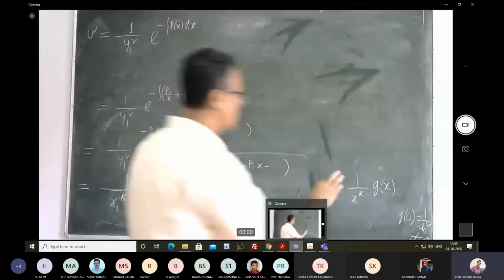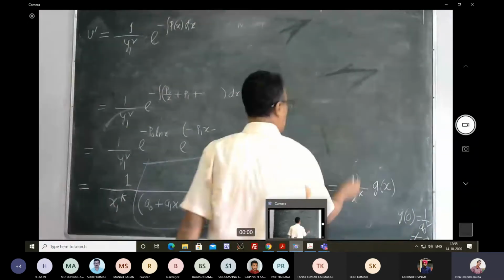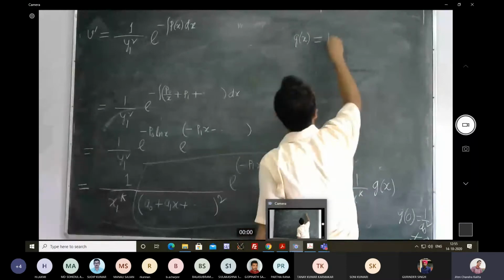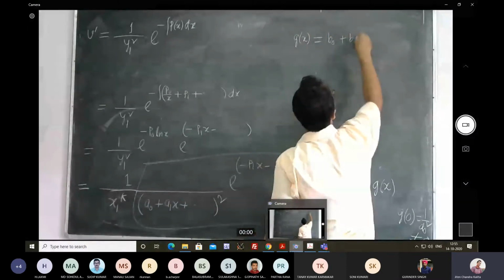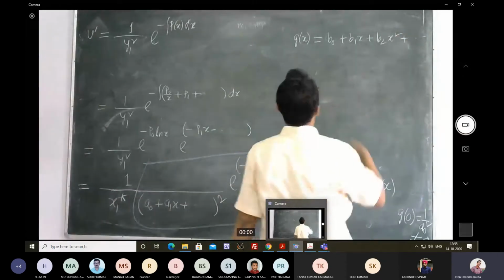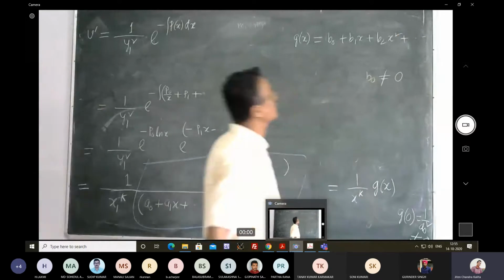Okay, and basically what is happening? So that means if I assume your g x to be equal to say b0 plus b1 x plus b2 x squared, etc. So definitely your b0 is not equal to 0.